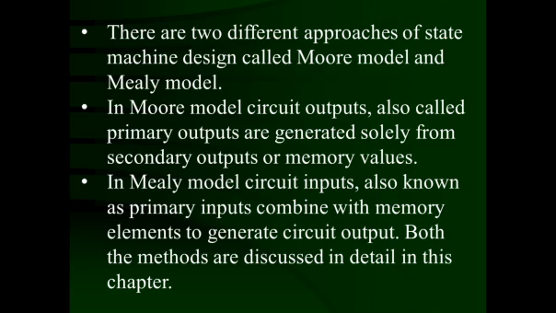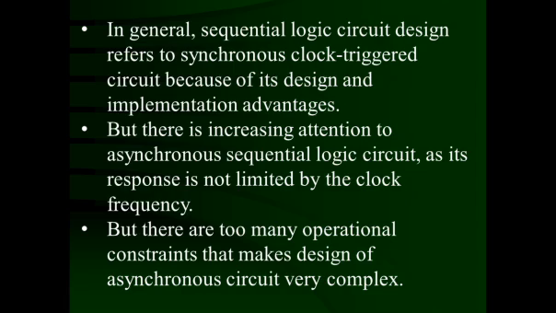So, in the Mealy model, the next state of the output, that is Qn plus 1, is a function of two things now: the present state of the output, Qn, as well as the inputs. So it also includes the input to generate the next state of the output, and that is known as the Mealy model.